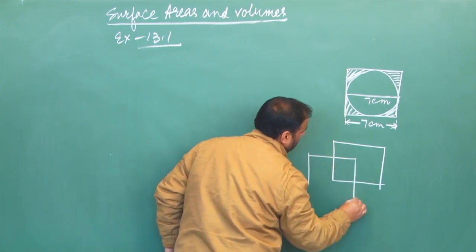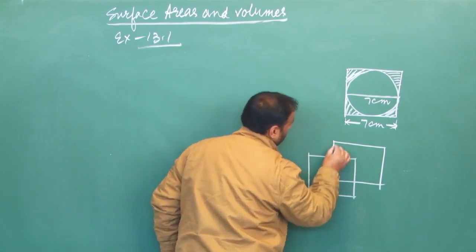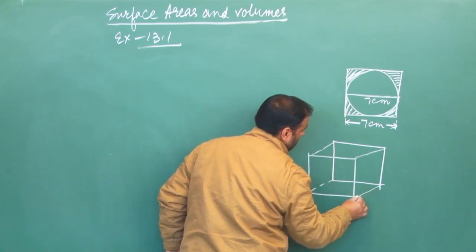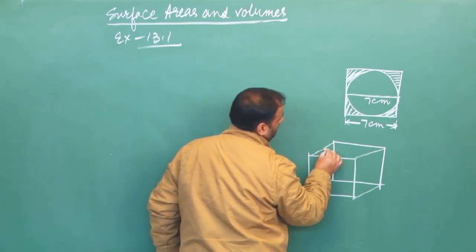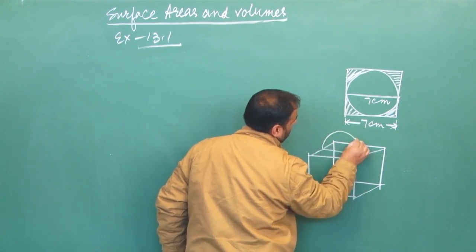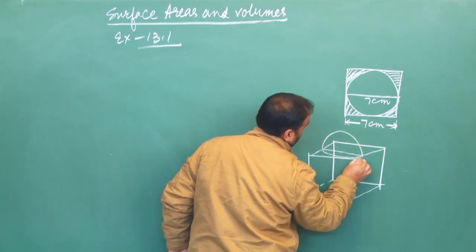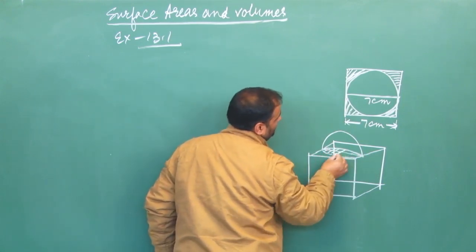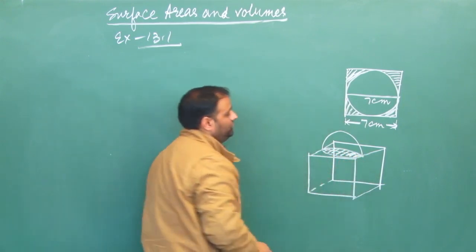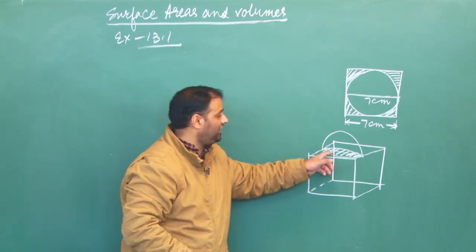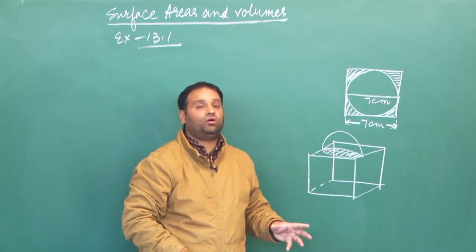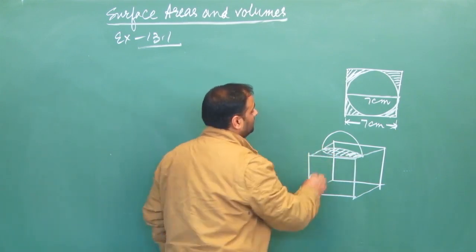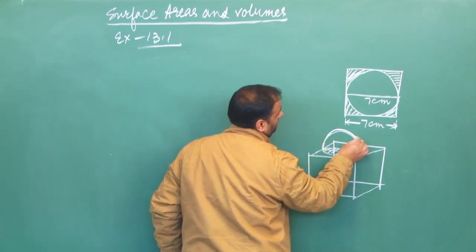This is a cube, and a hemisphere is mounted on that, like this. So, from the 6 surfaces of the cube, we need to subtract the surface of the circular base and then add the curved surface area of the hemisphere.